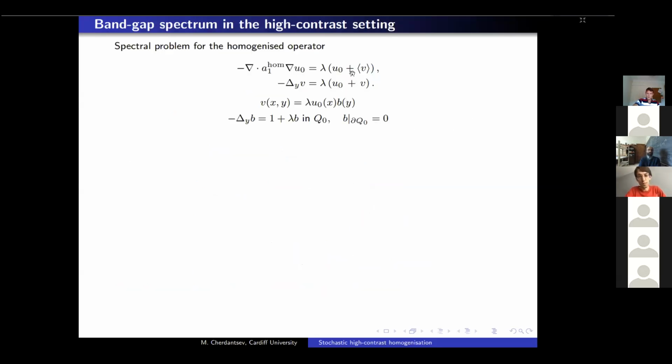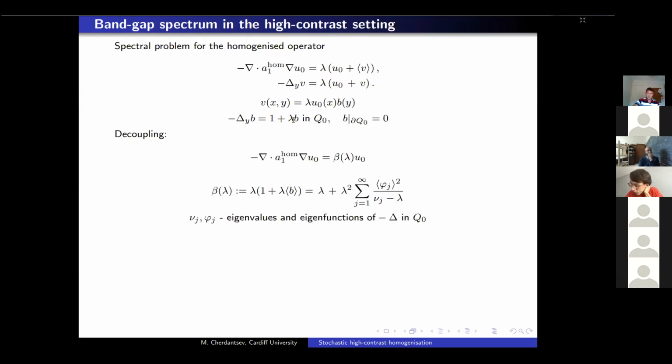Okay, so once you get rid of f and you have the spectral problem, you can formally perform the separation of variables like that, and you see that this function v solves this model equation on the inclusion with Dirichlet boundary conditions. So function v equals 0 outside the inclusion. Now, if you assume that lambda is not in the spectrum of the Dirichlet Laplacian on this inclusion, you can solve this equation and plug this v into this formula.